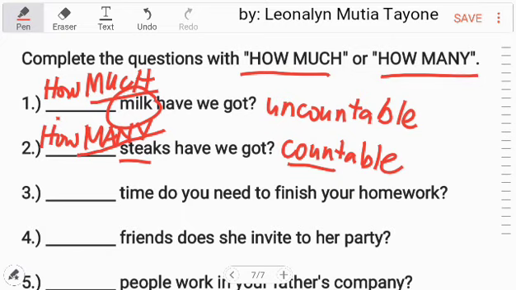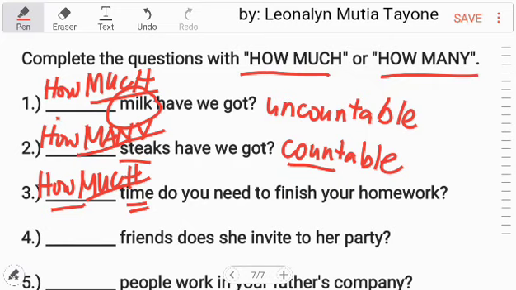Question number 3. Blank time do you need to finish your homework? Again, kapag time lang, this is uncountable. Then the question must start with how much. How much time do you need to finish your homework?